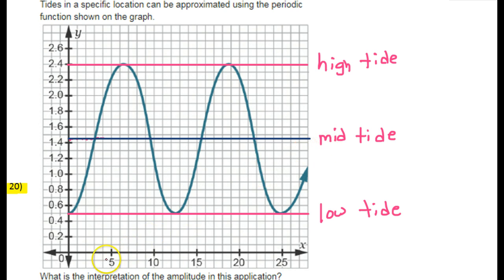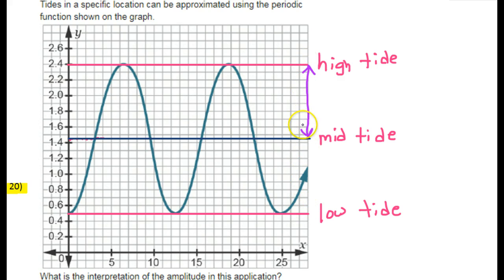Anyway, the question is, what is the interpretation of the amplitude in this application? So hopefully you understand that the amplitude is always the distance between the midline and the highest value, which is the same as the distance between the midline and the lowest value.